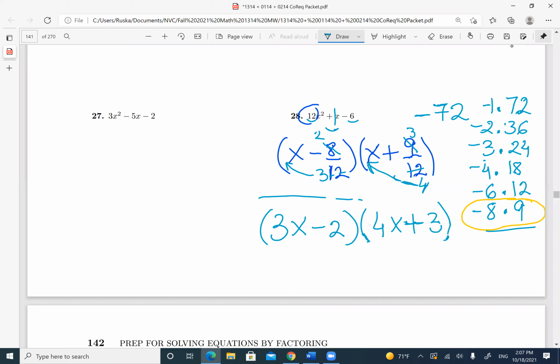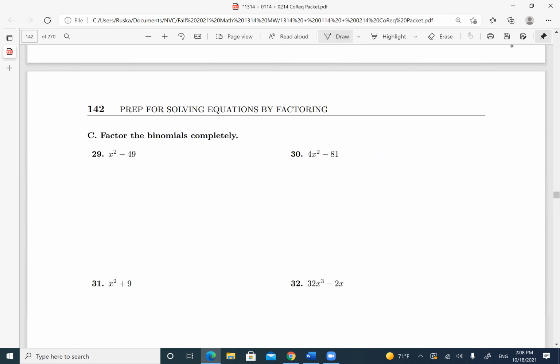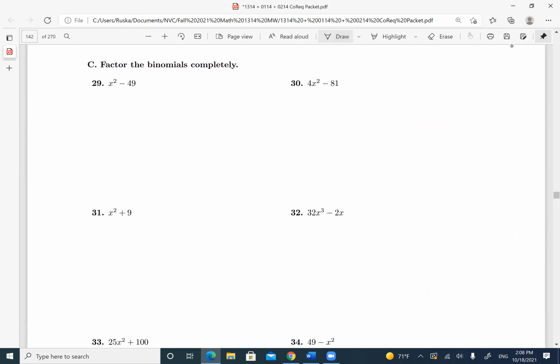So that's how you do the AC method and shortcut method when you factor trinomials. And then you do all of this the same way. Okay, so that's how you do trinomials. Now let's do binomials. When you have binomials, you have squares or cubes.